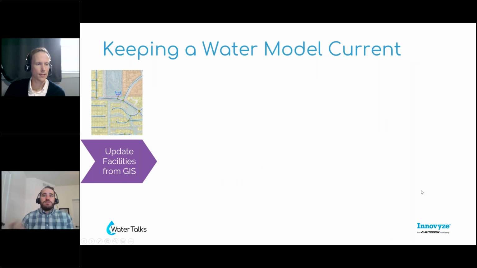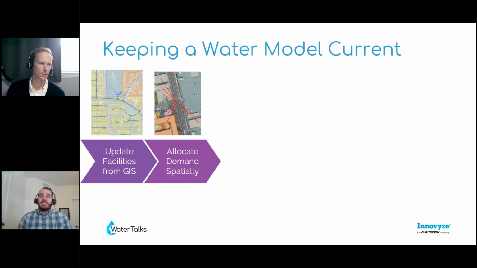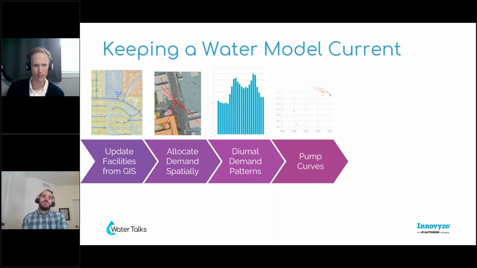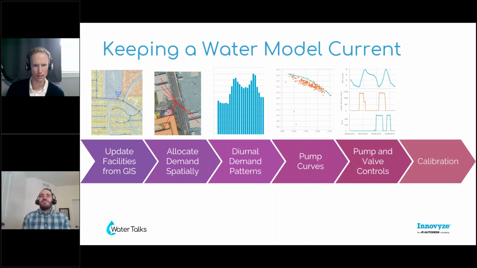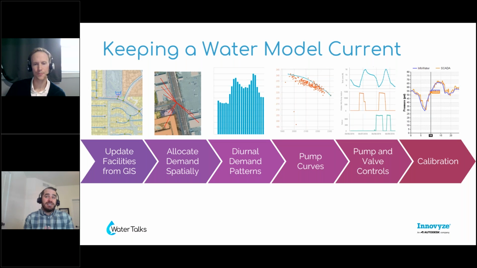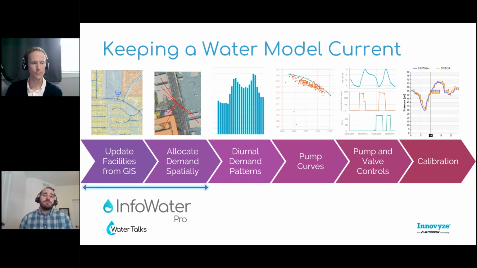There are really a lot of components that go into keeping your model up to date: updating facilities from GIS, allocating demand spatially, diurnal demand patterns, pumps and valve controls, and calibration. Each of these portions is really important. With InfoWater and InfoWater Pro, they were really strong with doing the first two, updating the facilities and allocating the demand spatially.